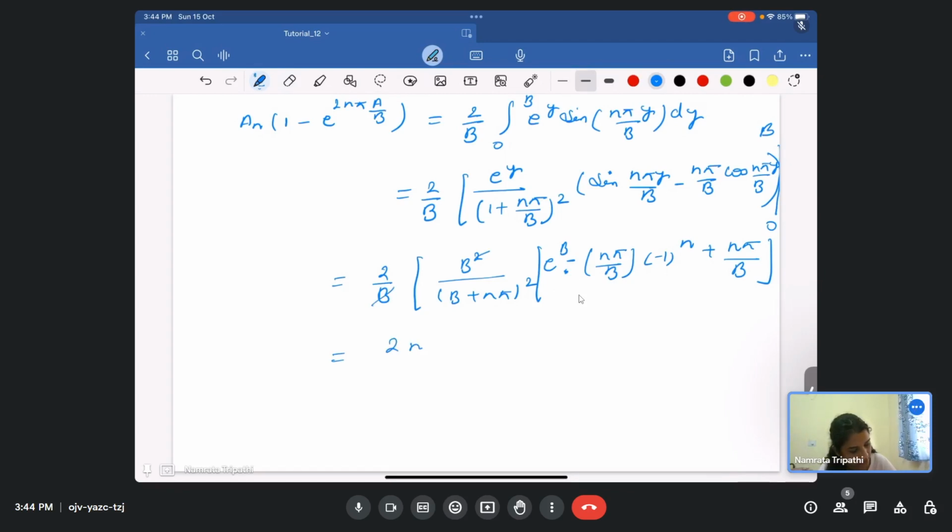So I'm taking n pi outside, and the denominator is b plus n pi whole square, and 1 minus 1 here, and b is also outside and b will cancel out. Fine. So you will be left with this term. So this is the value of an into 1 minus e to the power 2n pi a by b. You can write the value of an from here.